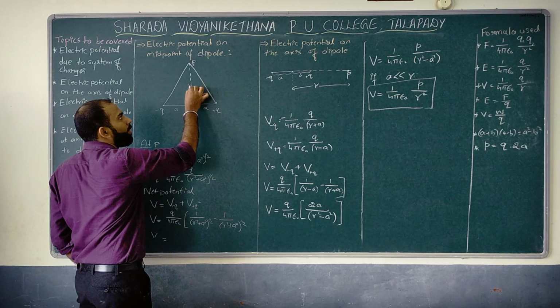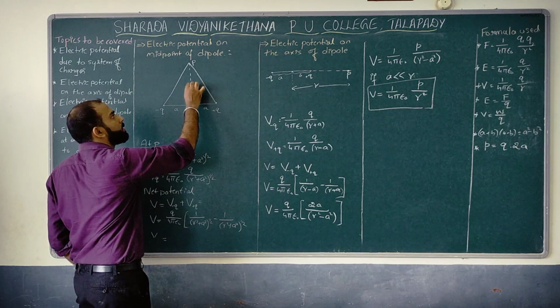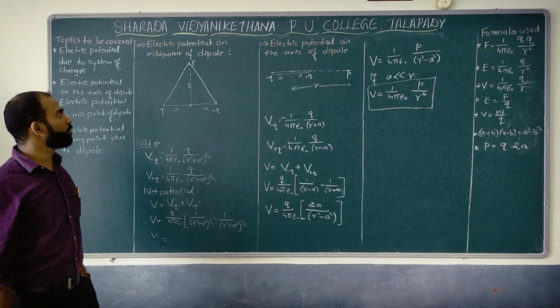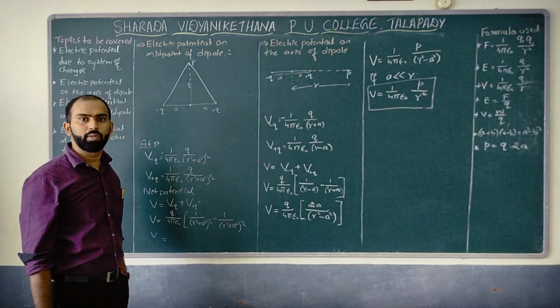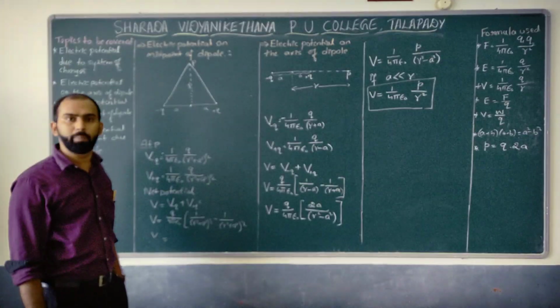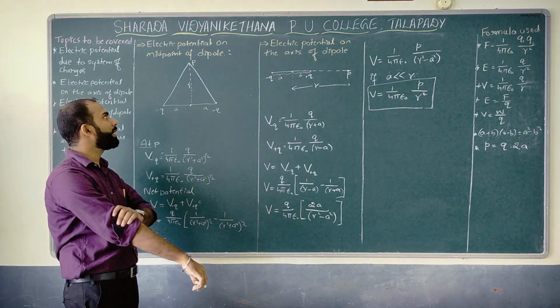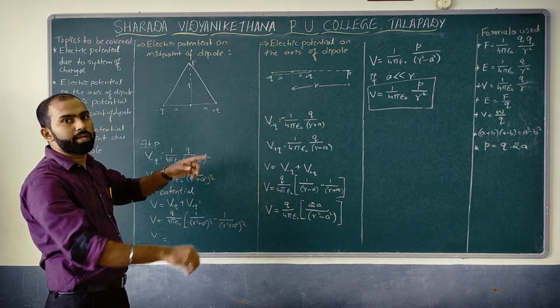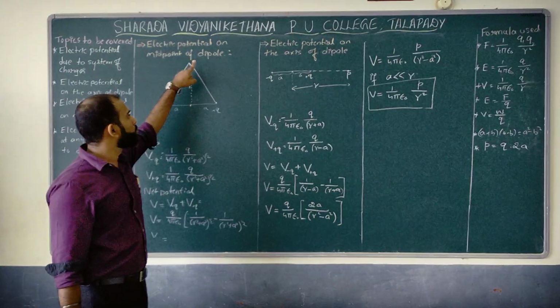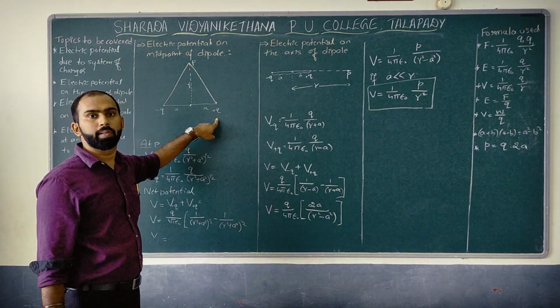Don't you think it forms two right angle triangles over here as well as here? Now your job is to find the electric potential at point P due to the minus Q charge, and due to the plus Q charge.